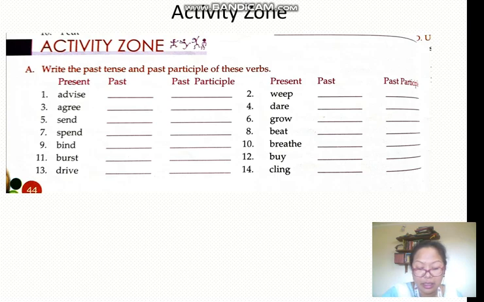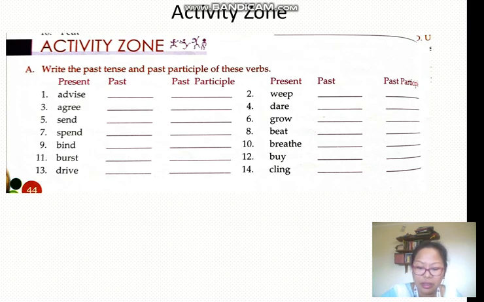Then bind. Bind is to tie something. Past would be bound, past participle would also be bound. Burst, past would be burst, and past participle would also be burst.